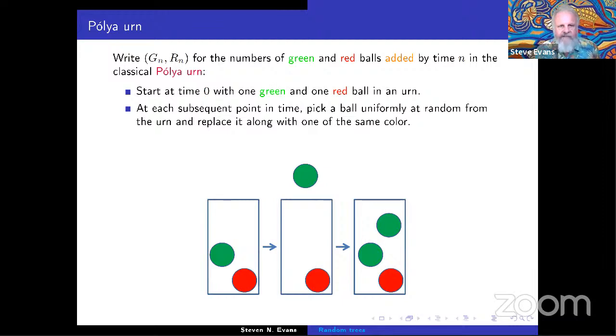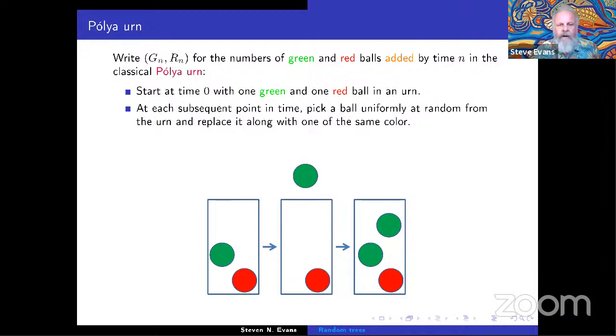So suppose we've got the classical Pólya urn that starts with an urn that has a green ball and a red ball in it. It's seeded with that at time 0.